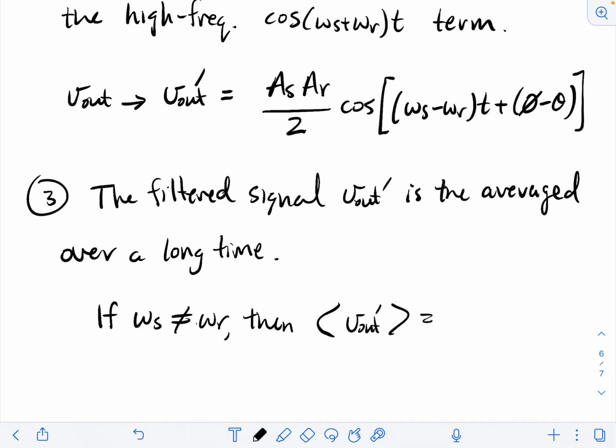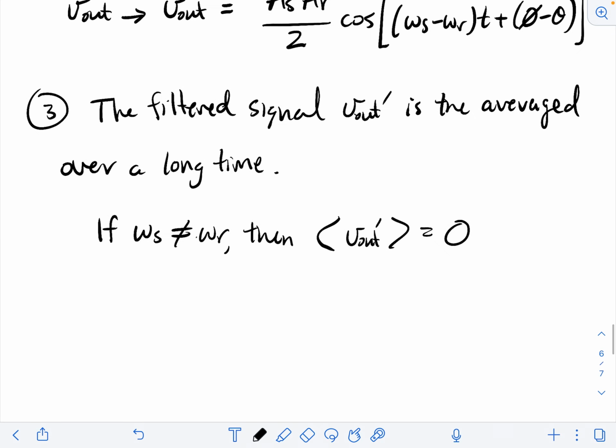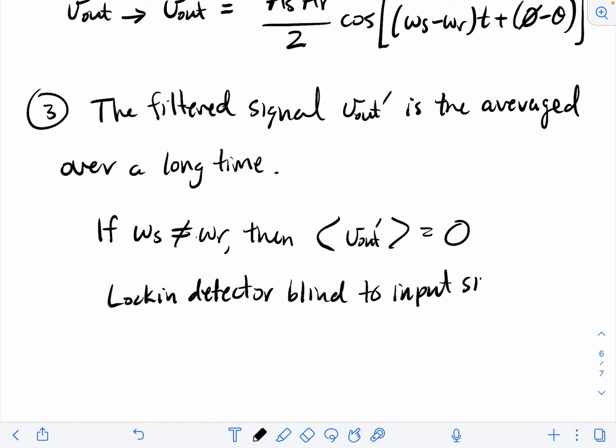And this is really the essence of lock-in detection, because what it tells us is that the lock-in detector is blind to any signals that are not at the reference frequency. So the lock-in detector is blind to input signals with frequencies different than omega r.